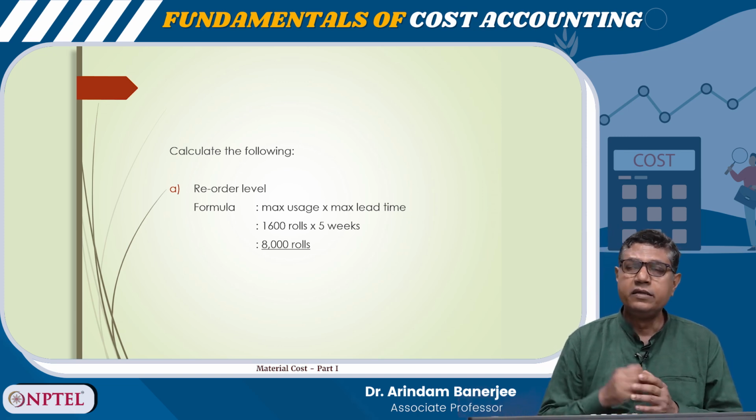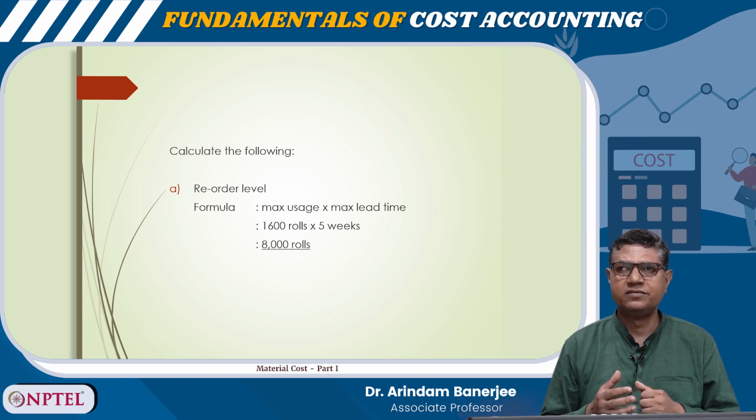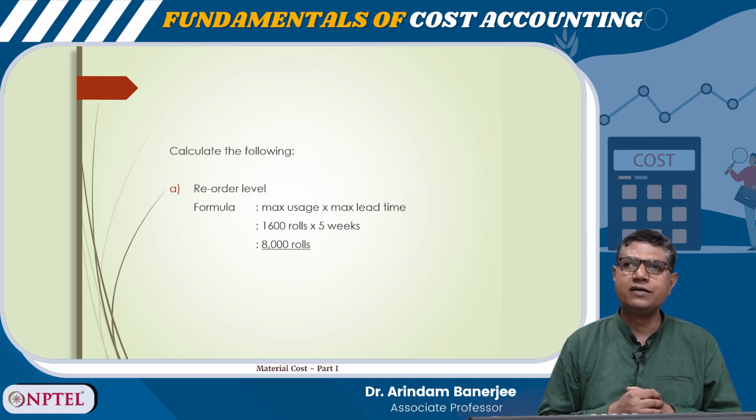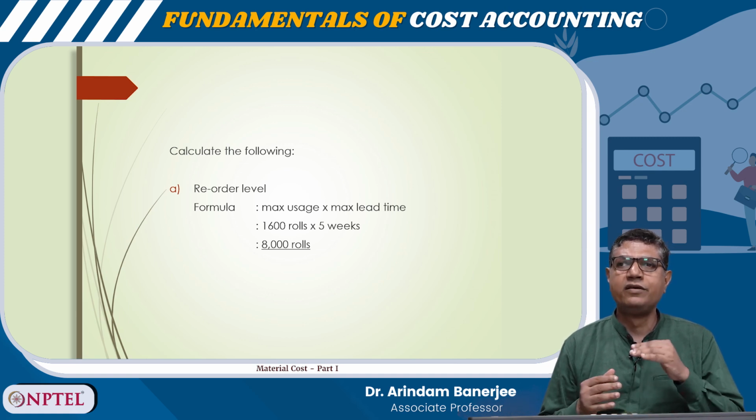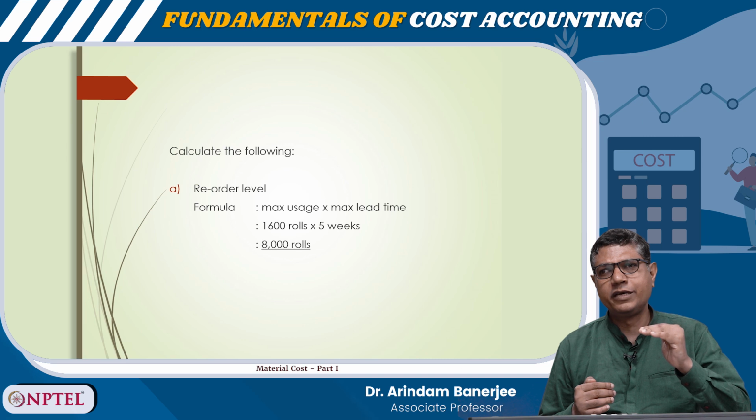Now, in this question, the company is a silk producer and it imports the raw material from China. So, it has to decide at what point of time it will reorder. It has a stock, it is making production and the stock is reducing and reaching a level, and then what is the reorder level?